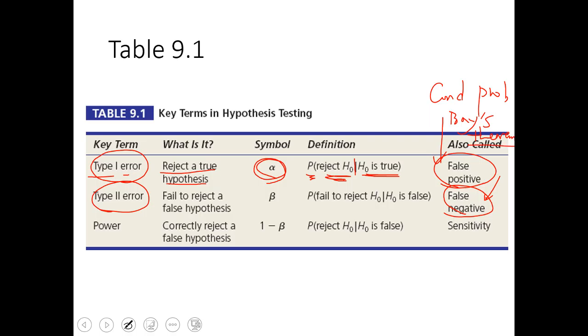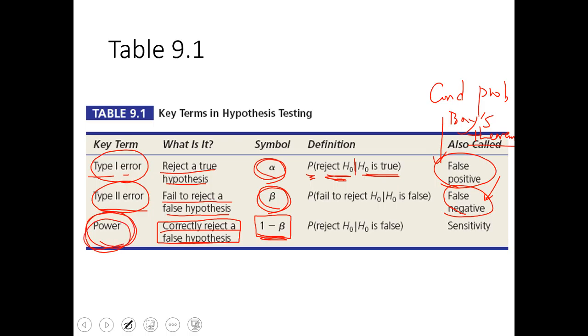Type 2 error is failing to reject a false hypothesis, and we denote that by beta. So 1 minus beta is correctly rejecting the false hypothesis. It is called power, the prediction power.